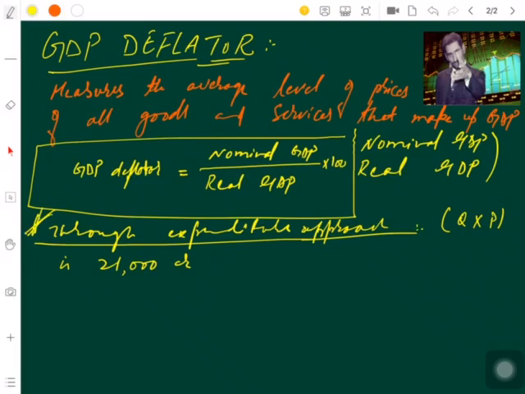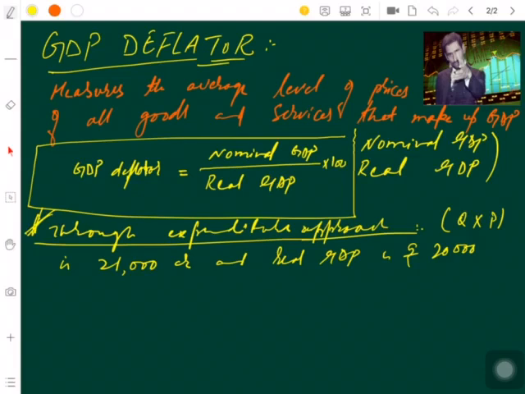And real GDP, that is, the GDP calculated on the previous year or base year prices, is, let us say, rupees 20,000 crores.